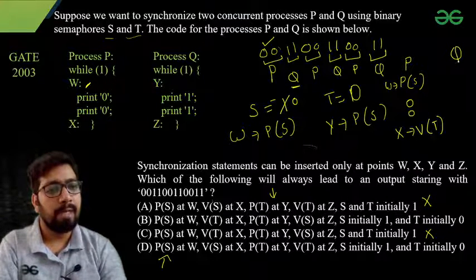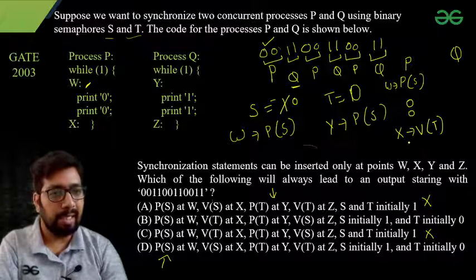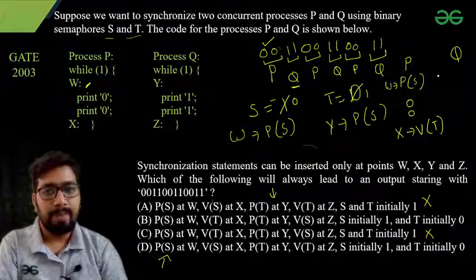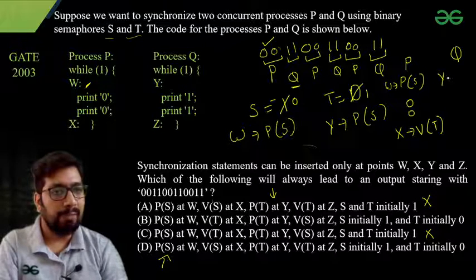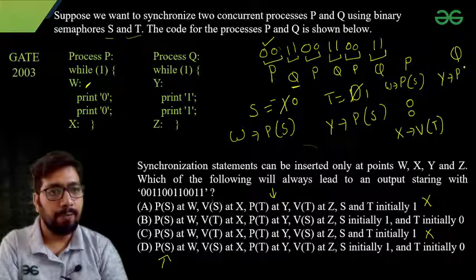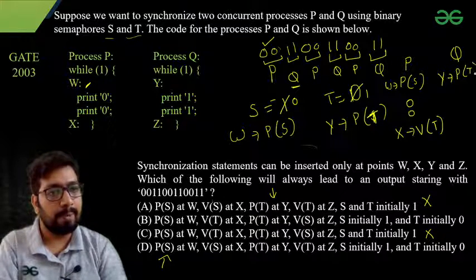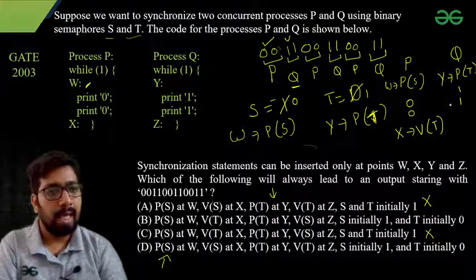Once we change the value of semaphore T from 0 to 1, then only it can perform line Y, which is P of T. Sorry, I had written it as T here. So then only it can perform it, and after that it will print 1 1. So 1 1 is printed.